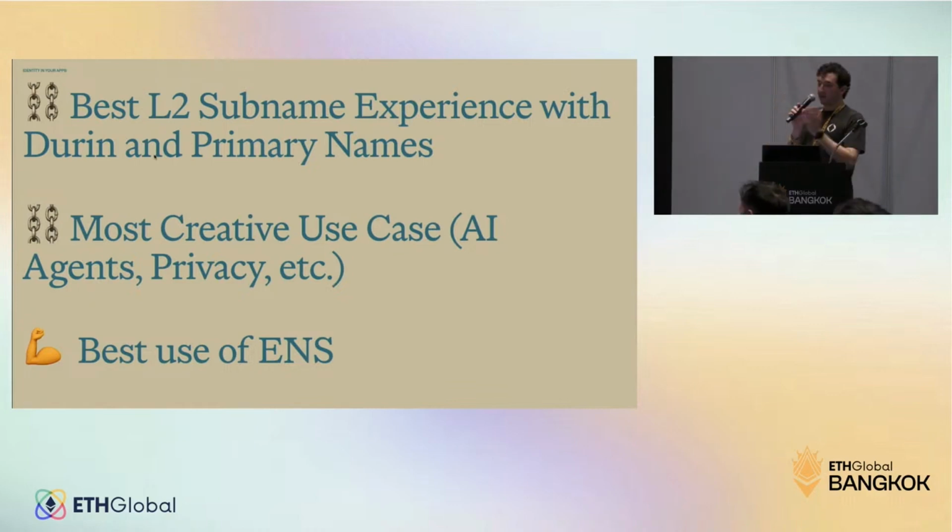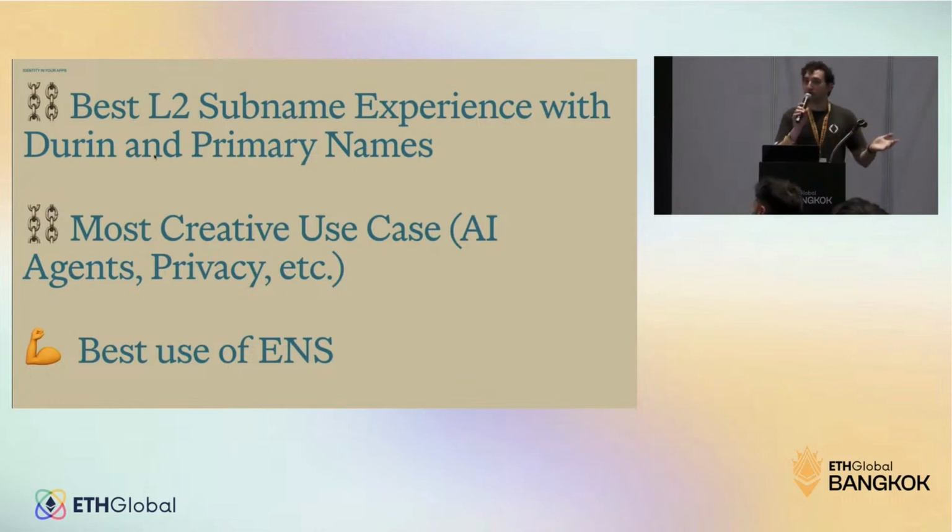The second, that I forgot to update the emoji for, is about most creative use case of ENS. So obviously a lot of people are into AI and agents right now. If you're building AI agents, maybe you can think about naming that with an ENS name. So, for example, if you're using XMTP or some messaging protocol, you can go to message agent.eth effectively and get certain functionality, whereas a different agent would have a different name.